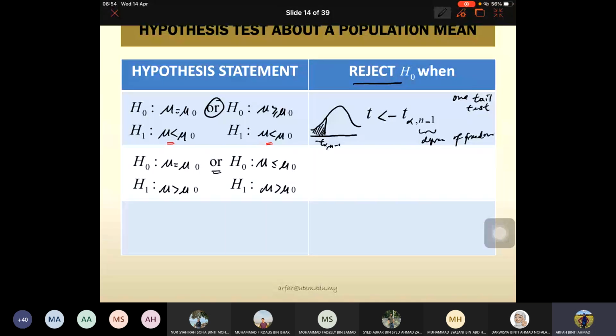Complement bagi this one. So kita akan reject H null if test statistic, this is your test statistic, T greater than T alpha, n minus 1. So this is your rejection region over here, T alpha, n minus 1. So yang ini adalah awak punya rejection region. This is your acceptance region. Okay.